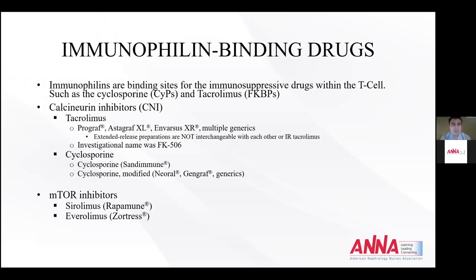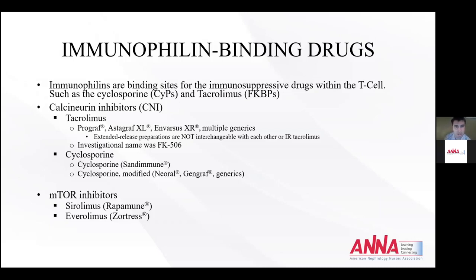So calcineurin inhibitors: tacrolimus, also known as Prograf. We have longer acting forms, Astagraf and Envarsus, and there's a bunch of generics. But again, your long acting ones, as common sense, are not one-to-one interchangeable with the immediate release ones. So if you're going to use a longer acting one, you can't just put them on the same dose.